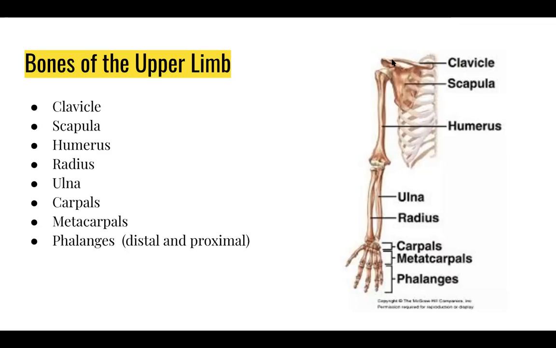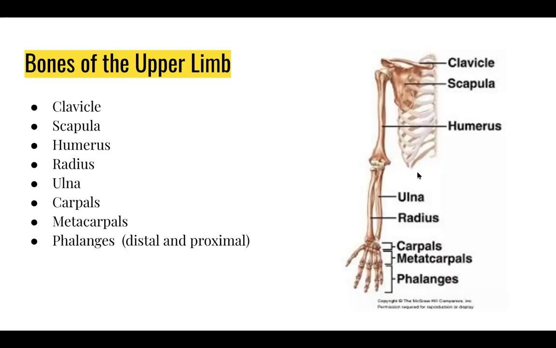And then your humerus is just a long bone that extends from your shoulder to your elbow. There's nothing really complicated to it. And then it connects to your radius and ulna. How I remember is that the ulna is on your pinky side, and the radius is not.